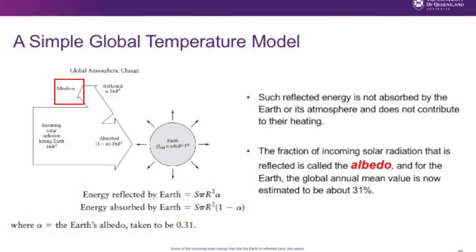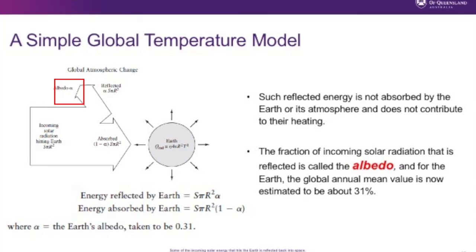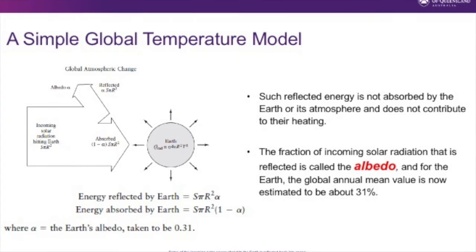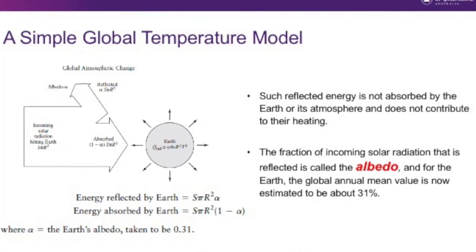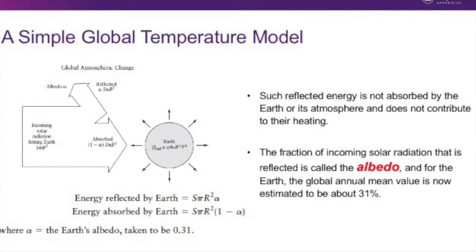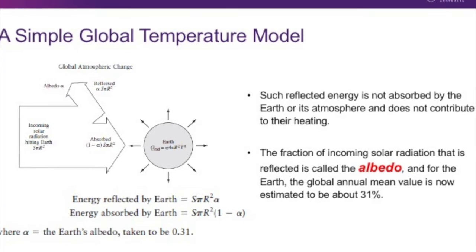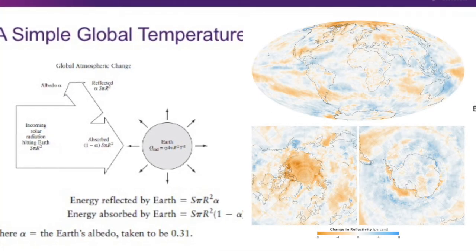For the Earth, the global annual mean value is now estimated to be about 30%, 30 to 31%. This has been estimated using satellite measurements accumulated since the 1970s, where they have measured the amount of energy that is being reflected from the Earth.